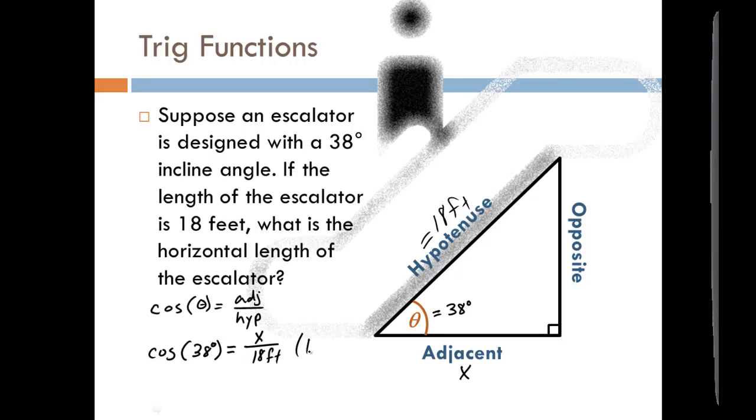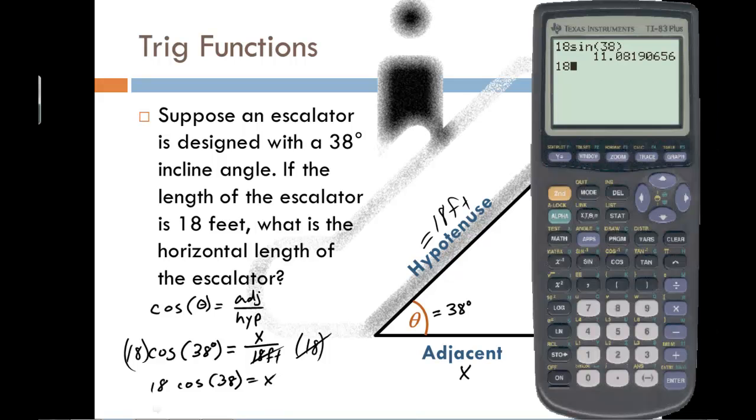Again, we can multiply both sides by 18 to cancel the right side. So 18 times the cosine of 38 is equal to x. This time we have 18 times the cosine of 38 degrees, which is 14.18 feet. And that's the measure of the bottom side.